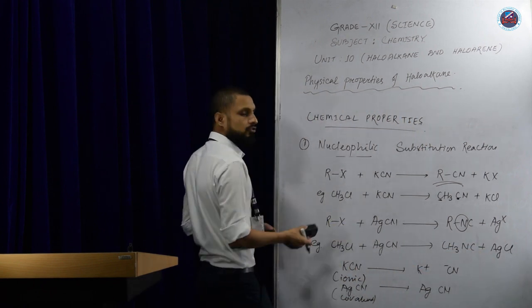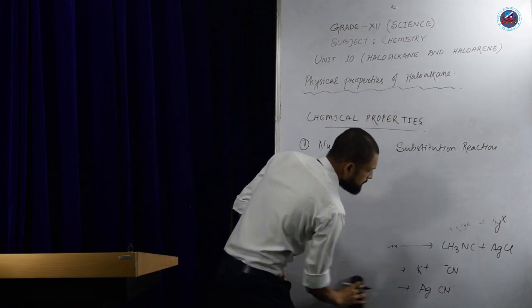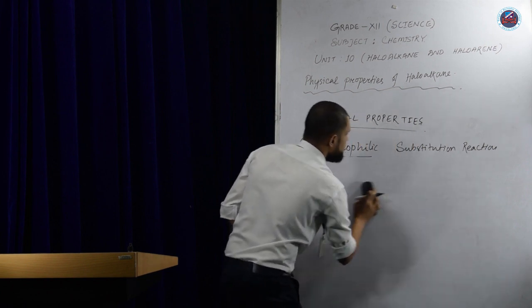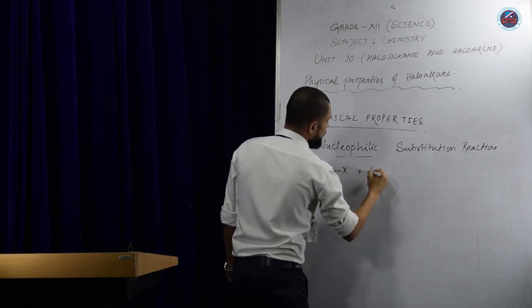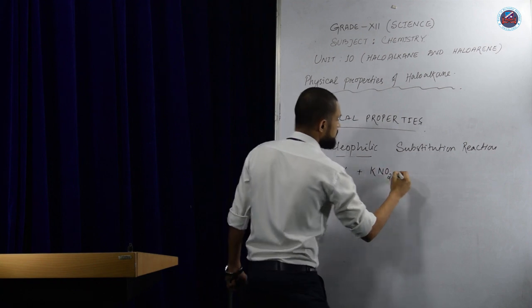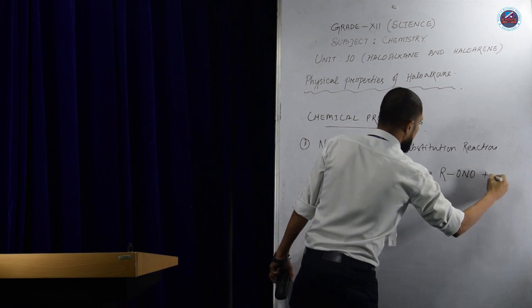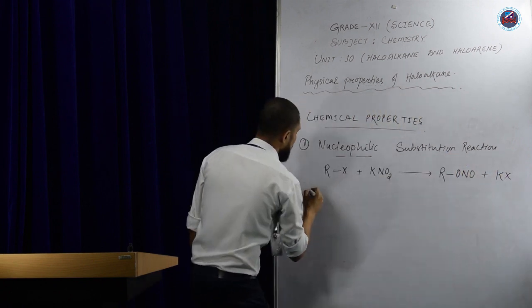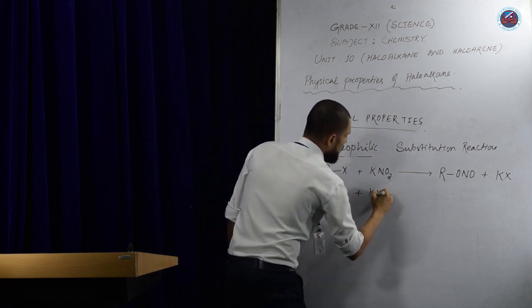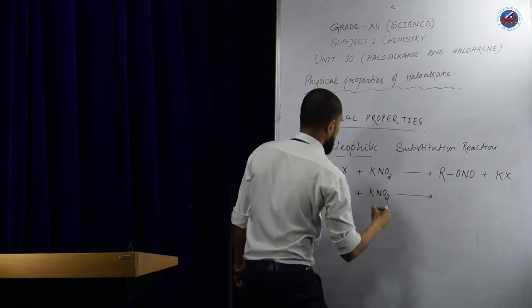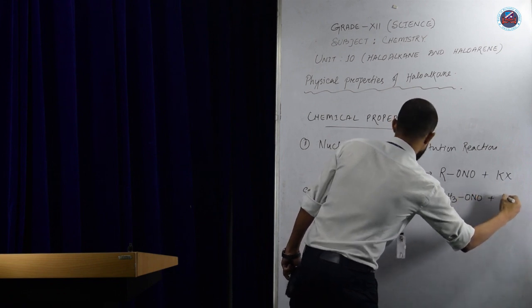Now, let us see the next example of nucleophilic substitution reaction. RX plus KNO2 will give RONO plus KX. Example, CH3Cl plus KNO2 will give CH3ONO plus KCl.